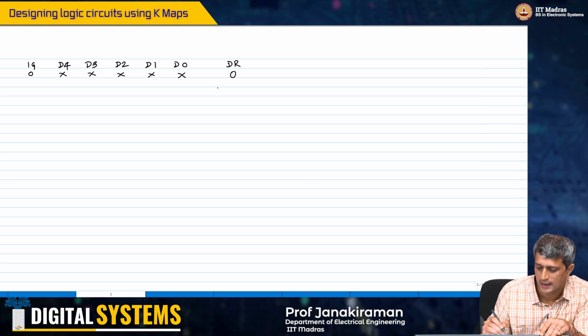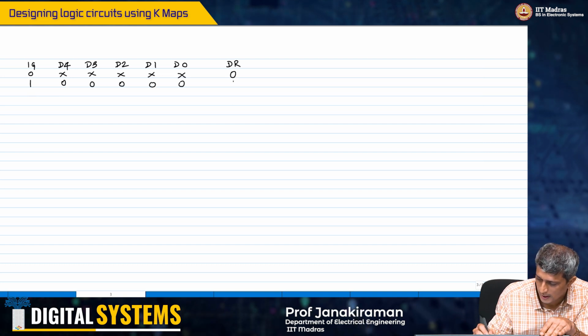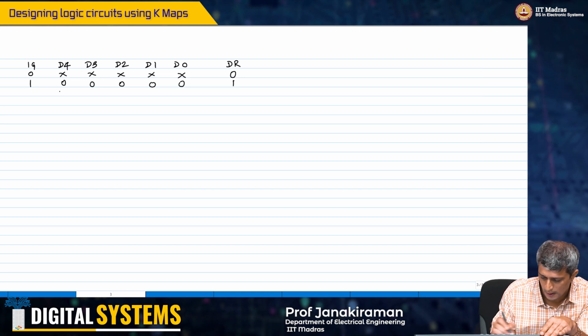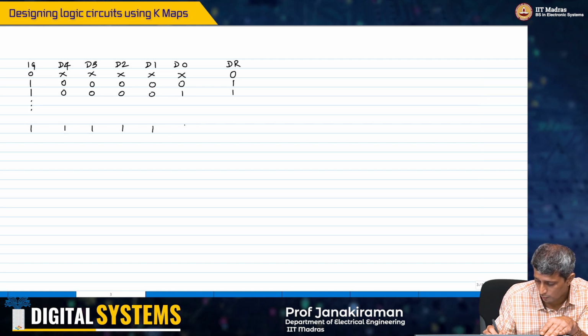Of course, the DR has to be 0. If it is 1, 0, 0, 0, 0, 0, you just have, it has to be 1, 0, 0, 0, 0, 1, it has to be 1 all the way down, 1, 1, 1, 1, 1, 1.